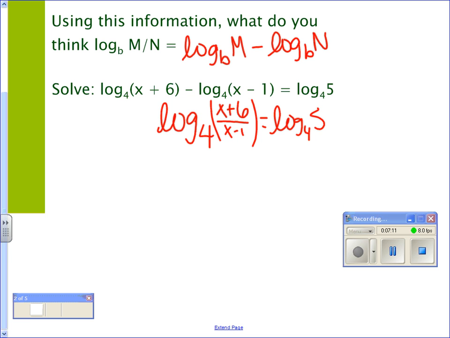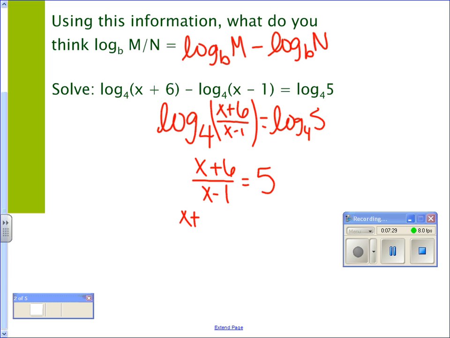What would you do next? Because log base 4 of this equals log base 4 of 5. So this big fraction has to equal 5.